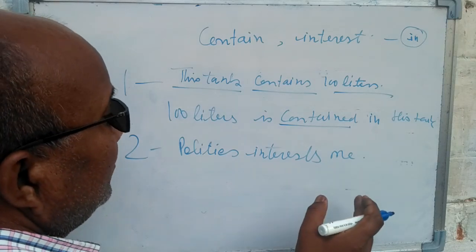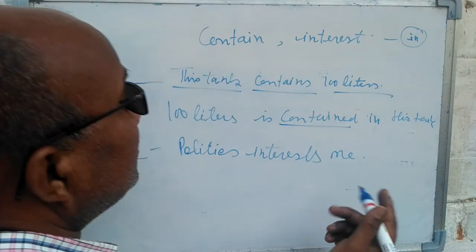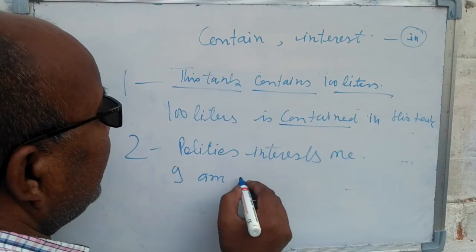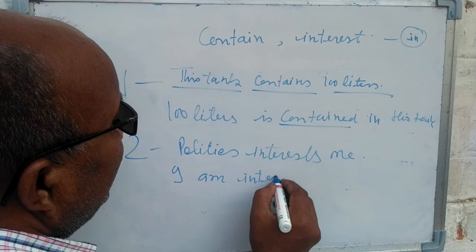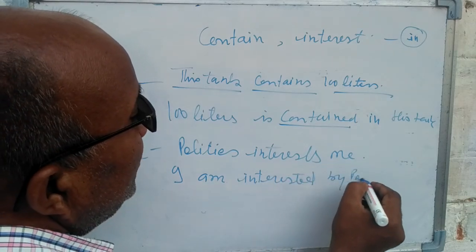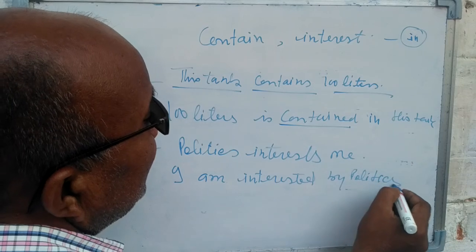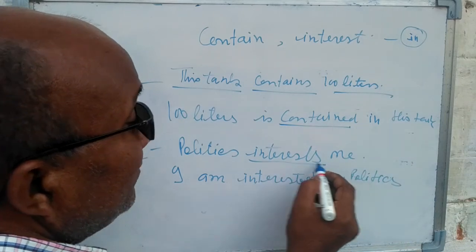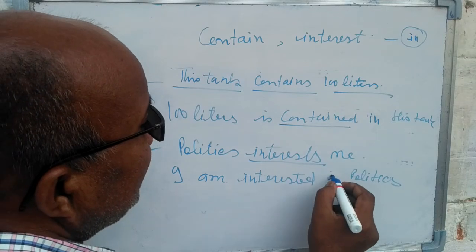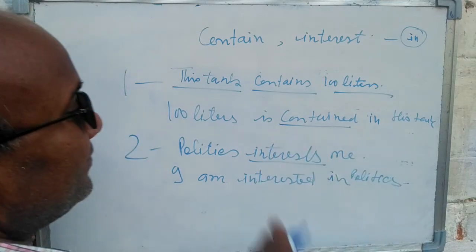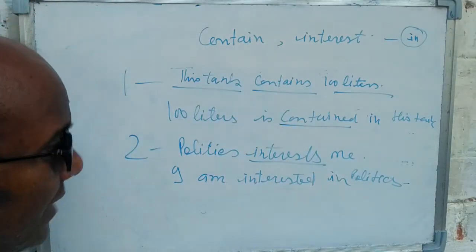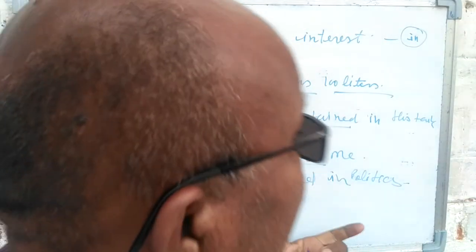According to the formula, as I told you before, I am interested by politics. But you know, here the main verb is interest. Therefore, in place of by, you will write in. Some other words are also like these.